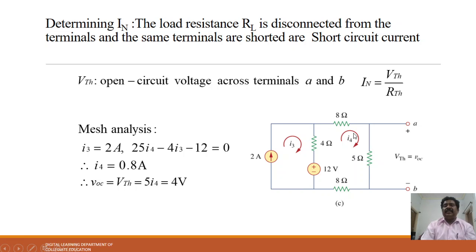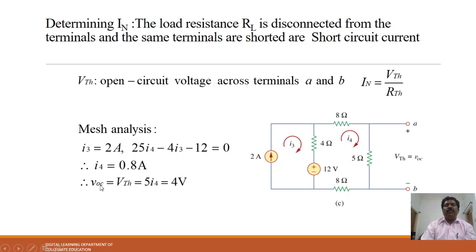The total resistance of this mesh is 25 ohms times I4, minus the 4 ohm resistor times I3, and the voltage source is 12. Applying mesh analysis, we can solve that I4 is equal to 0.8 amperes.